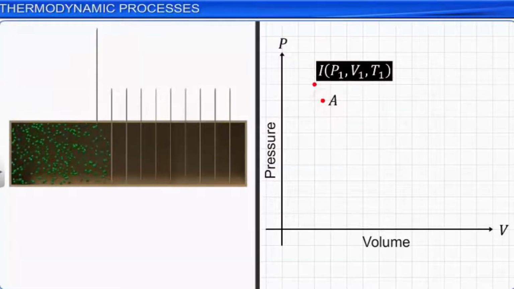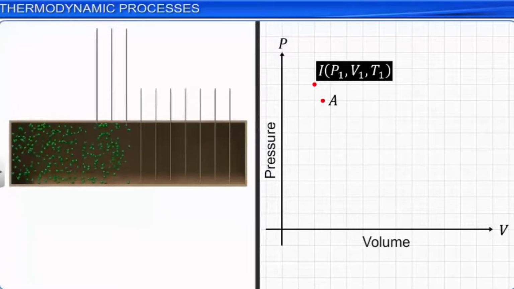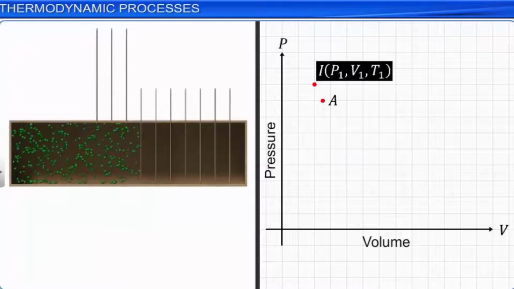If we slowly remove the partitions one after the other, at each stage, the system will quickly be in different equilibrium states.